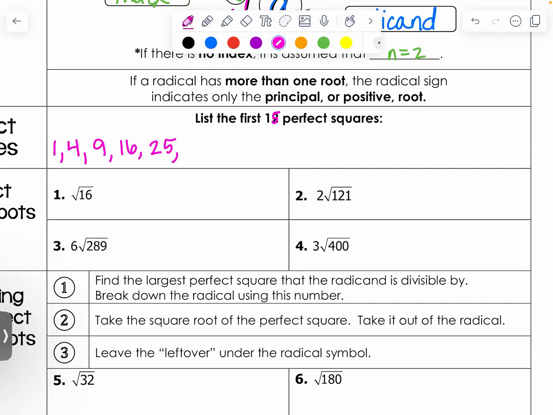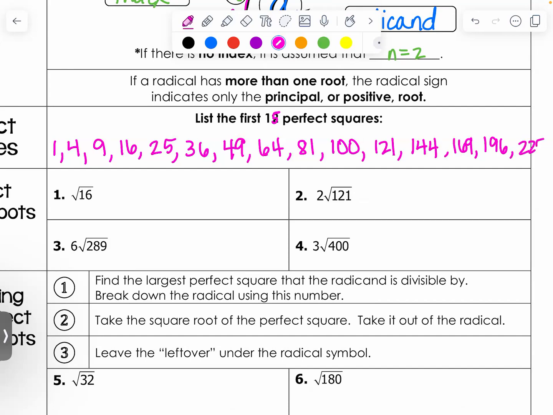Then 49. 64. 10 squared is 100. 11 squared is 121. 12 squared is 144. 13 squared. And then I like this. 14 squared is 196. You just switch the 6 and the 9. And then 15 squared is 225.